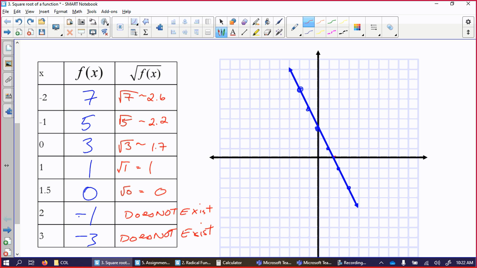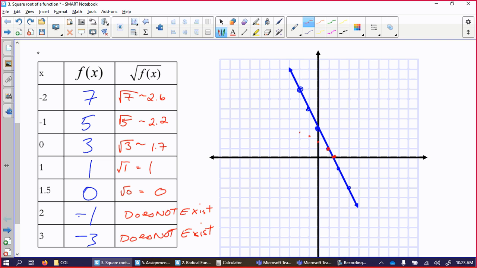1.5, hey, that point's the same. That point's the same. So 0 and 1.7 is about there. Negative 1 and 2.2 is about there. Negative 2 and 2.6 is about there.